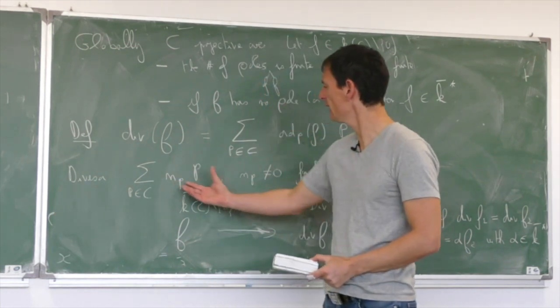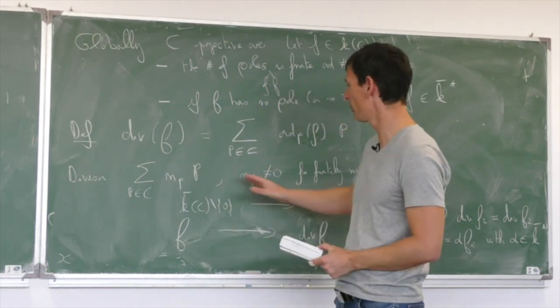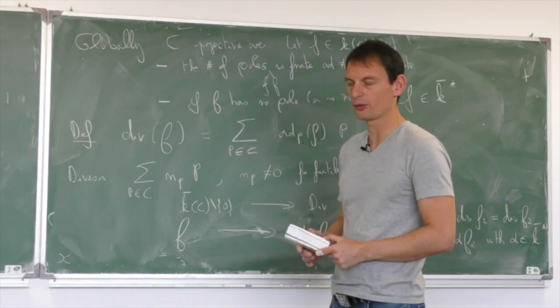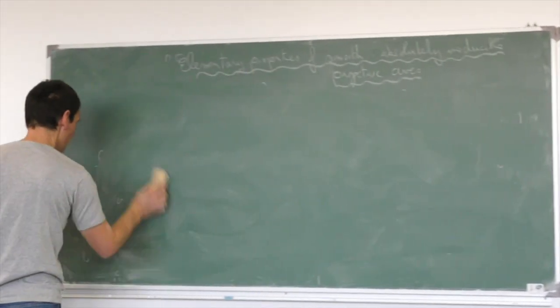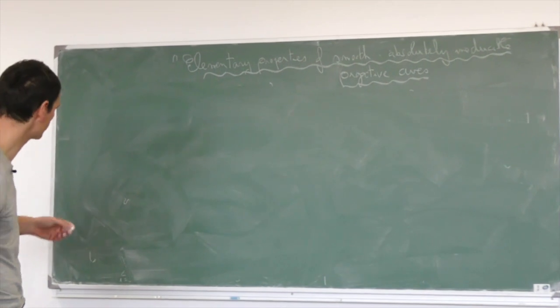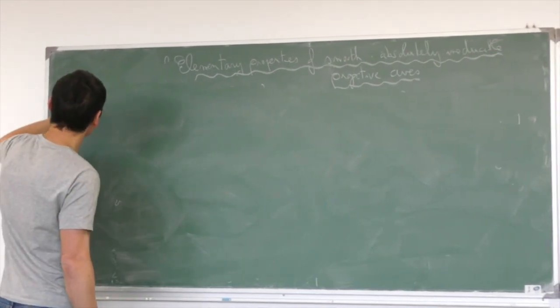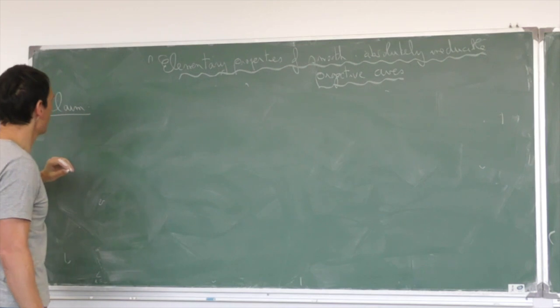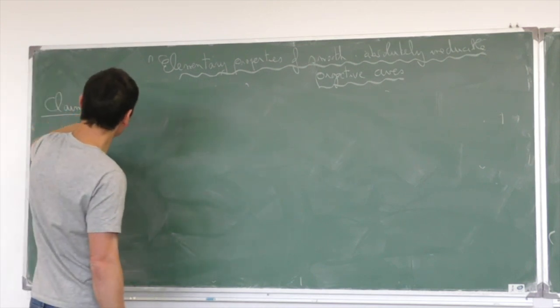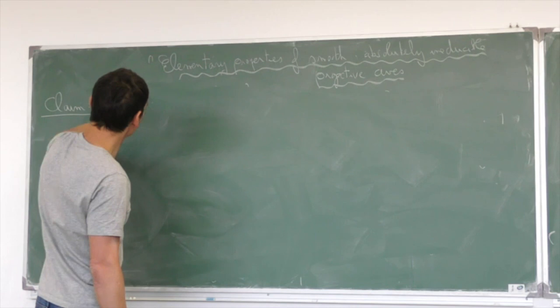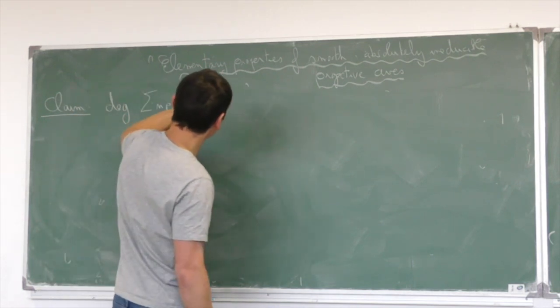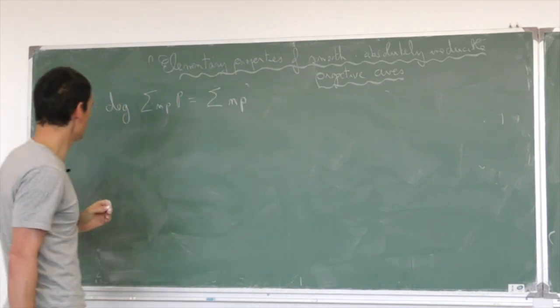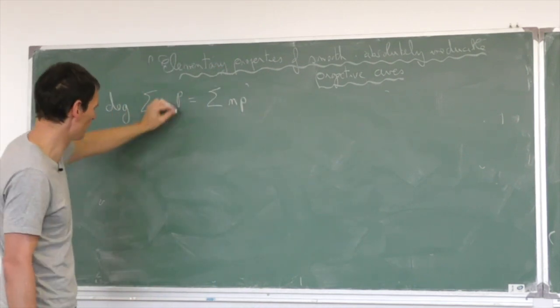Is it surjective? Can I obtain any formal sum of points like this as the divisor of a function? That's the other direction, and the answer is no. That's another claim. If I compute the degree of a divisor, which is the sum of the n_P, this is just the definition.